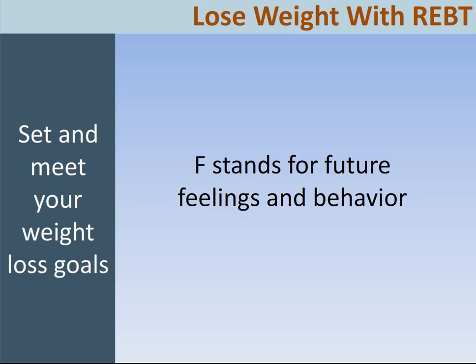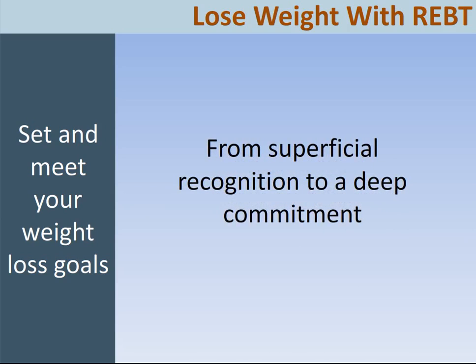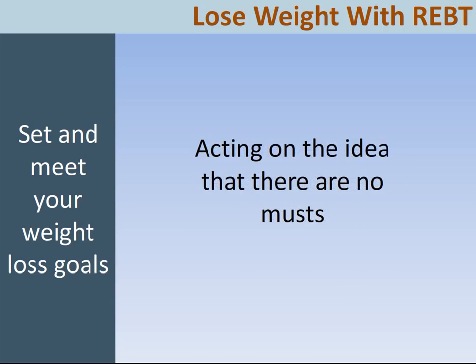Now the question is, how can you internalize what you wrote at E? How can you get from level 1, making it a superficial recognition, to level 2, making it a deep conviction, deeply feeling it and believing it and acting on it, acting on the idea that there are no musts and shoulds.